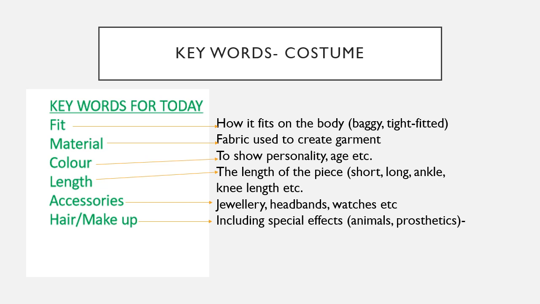Now, for Lucy, her hair and makeup are just as important for costume. It's not always about the material or the garments that are being worn. It's also about what you see. So once you've decided on the clothing aspect, I then want you to go on to the hair and makeup. What's the hair going to look like? What is the makeup going to look like?